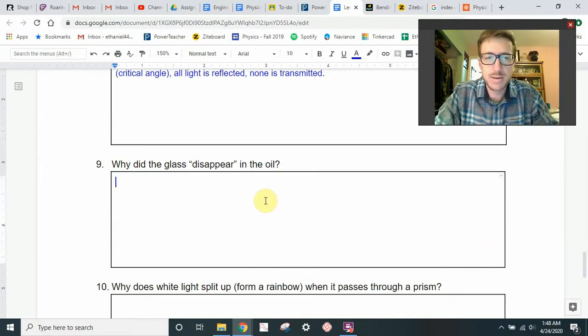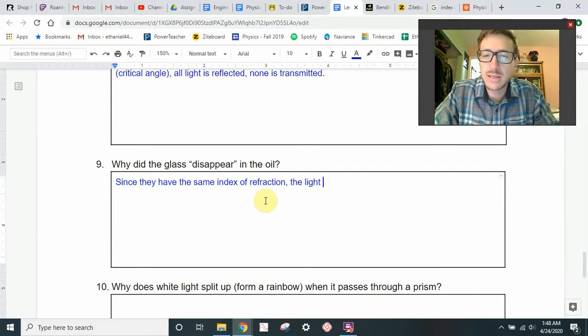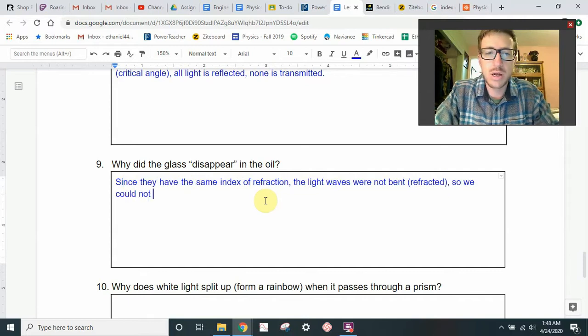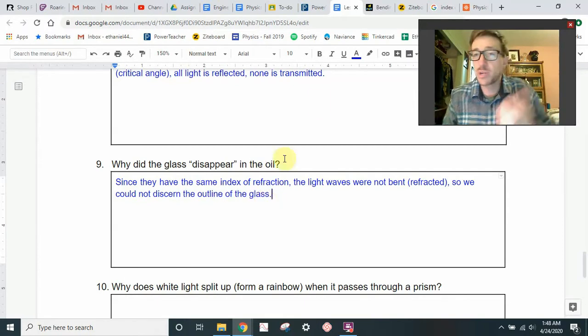Well, since they have about the same index of refraction, the light waves were not bent or refracted, so we could not discern the outline of the glass. In other words, we couldn't see it.